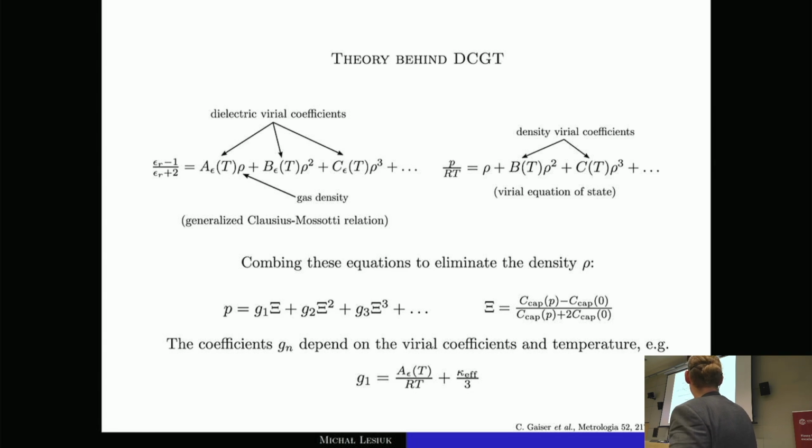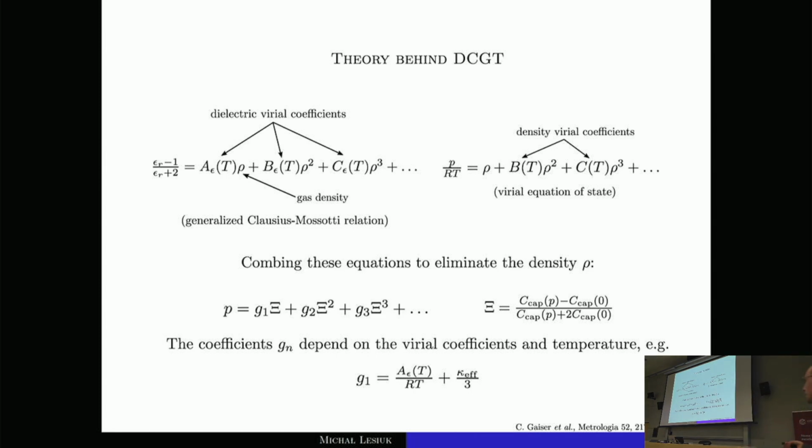All these dielectric coefficients and virial coefficients are embedded in this g factor. So if you measure capacity, you measure this xi, and once you have measured it, if you know the coefficients, you can evaluate the gas pressure directly.